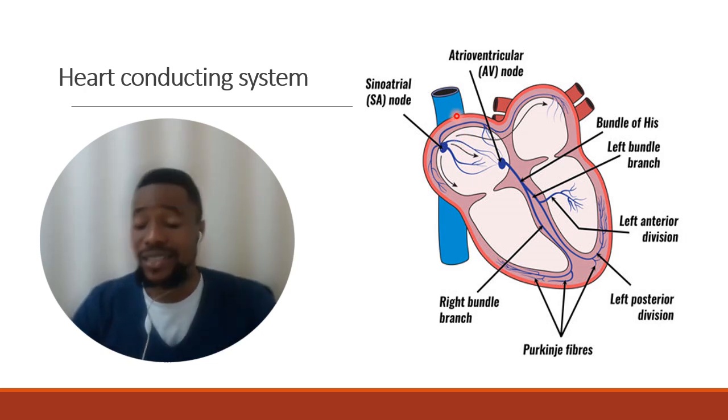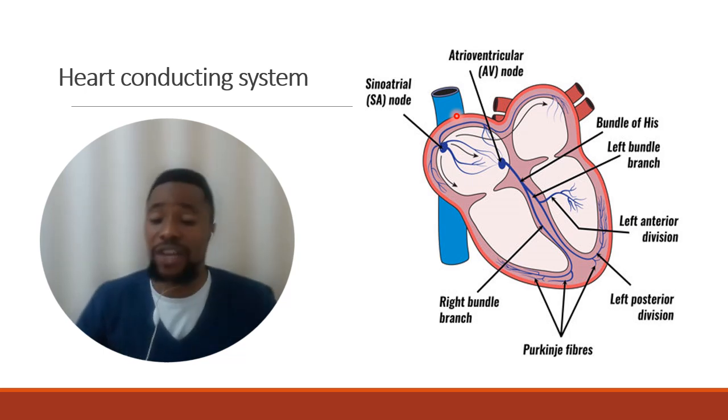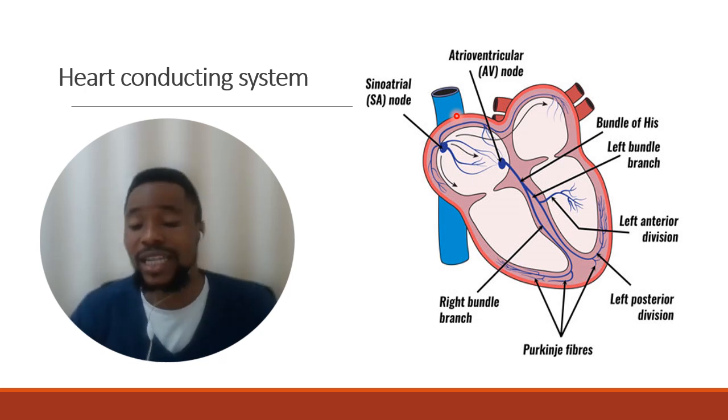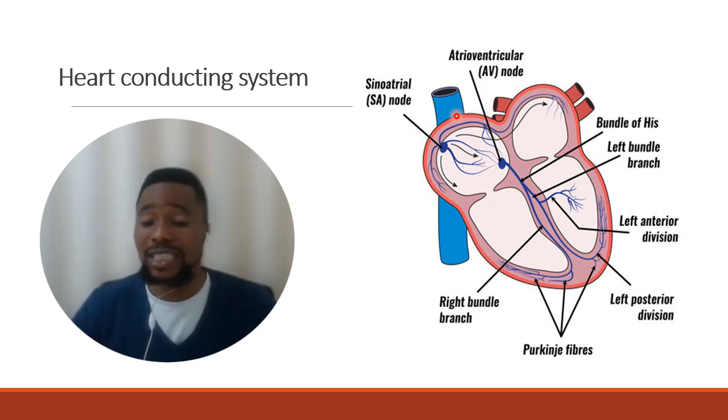And when a patient is exercising, or having an infection or hyperventilating, or whatever condition is making the patient tachycardic, the SA node can pace a rhythm even above 100, which is a sinus tachycardia. This means that any rhythm that is being paced by the sinoatrial node is regarded as a sinus rhythm.